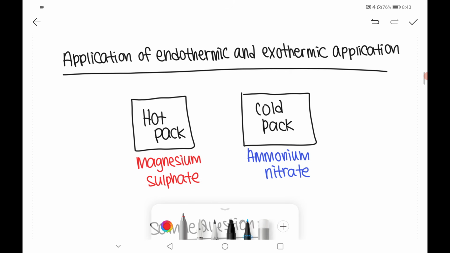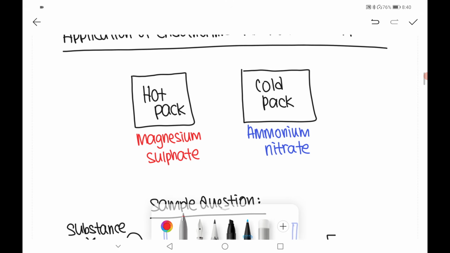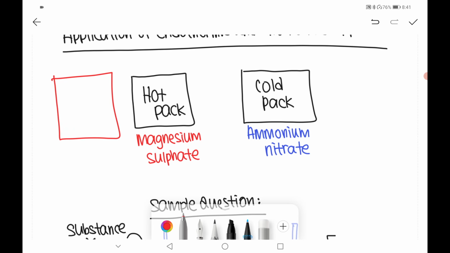So next, now we need to know what are the applications of endothermic and exothermic reactions. So we need to know hot pack and cold pack. A hot pack is a special bag that when you squeeze it, the bag will become hot.